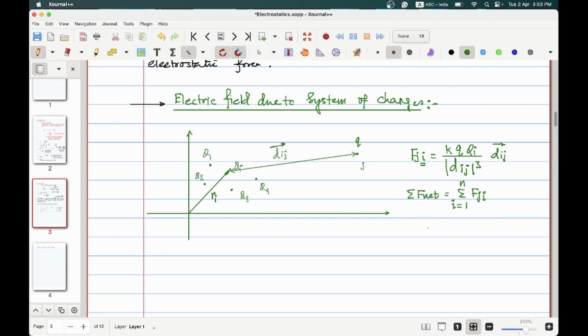In this expression you can take K times Q common, and there will be a term like Qi Dij by mod Dij cube, all under the summation, i equals 1 to n.